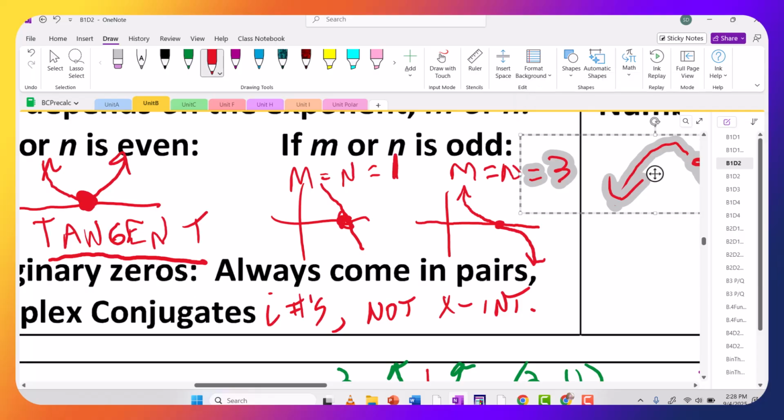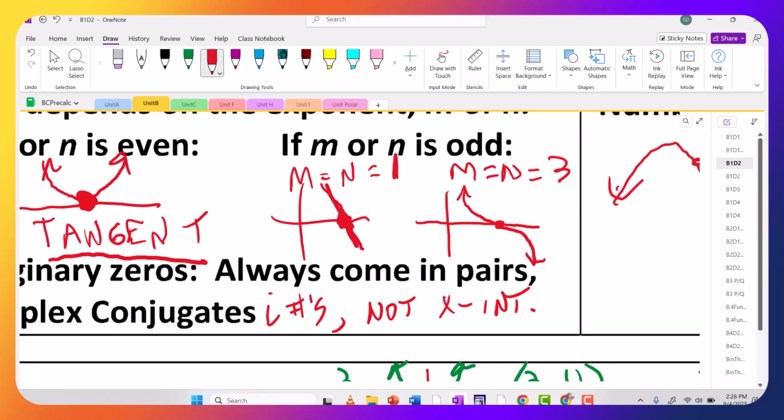If it's only raised to the first power, then the behavior of the graph at the 0 just goes straight through. Nothing special about it. It does look linear. Don't say straight linear. I don't like that. But then if the degree is 3, 5, 7, then it looks like a cubic when it passes through. It still passes through.